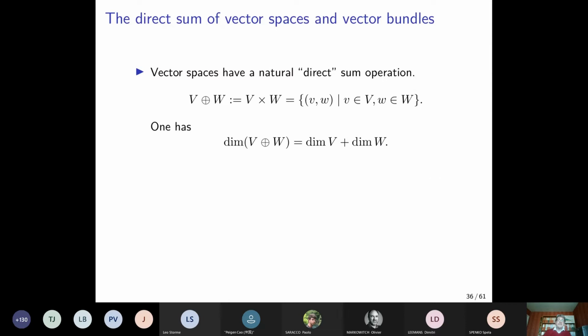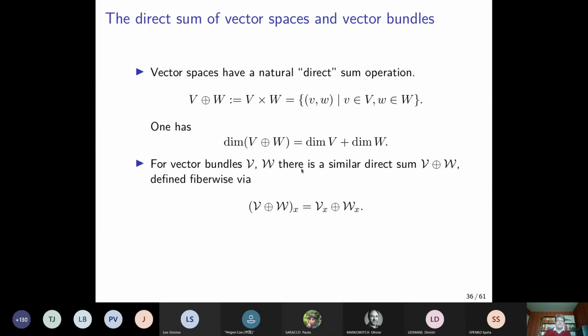Vector spaces can be added, and the addition is just the product. So to add two vector spaces, we just take a pair of vectors, one in one vector space, one in the other vector space. It's easy to see that this is again a vector space, and the dimension is the sum of the dimensions. We can do the same with vector bundles.